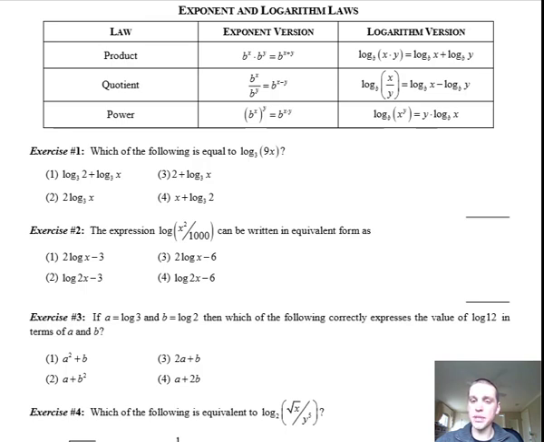So if we have log base b of x times y, we can rewrite it as log base b of x plus log base b of y, because it's a multiplication. Here we see division, so we can write it as subtraction. And here, when we have a power, we write it as multiplication. That means the power can come out in front. So it's y times log base b of x.